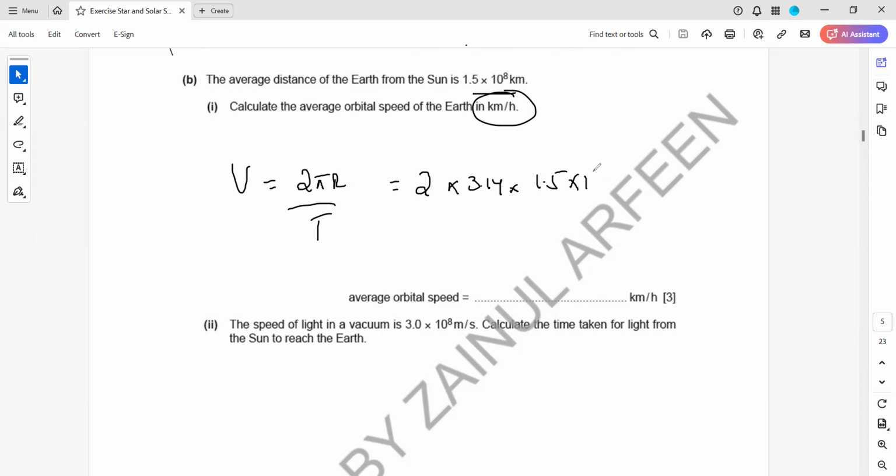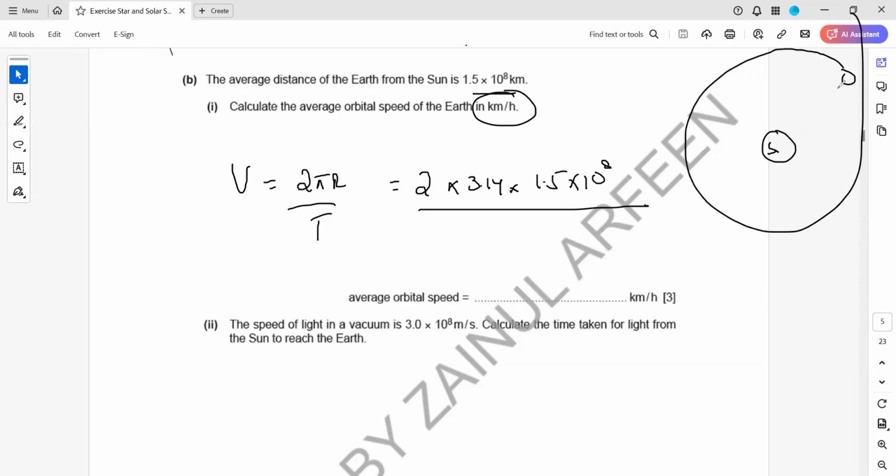How much time does the Earth take to orbit the Sun, to complete its orbit? That is equal to 1 year or 365 days.